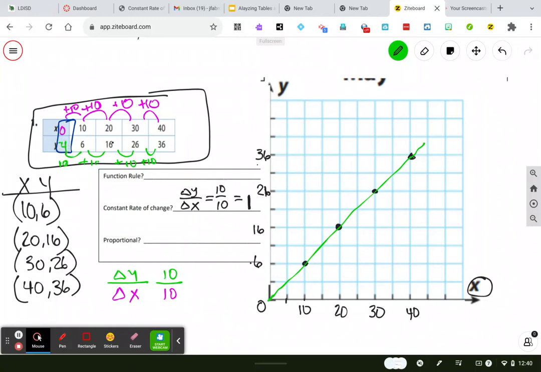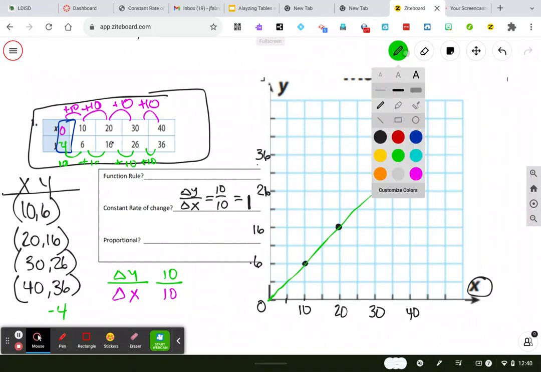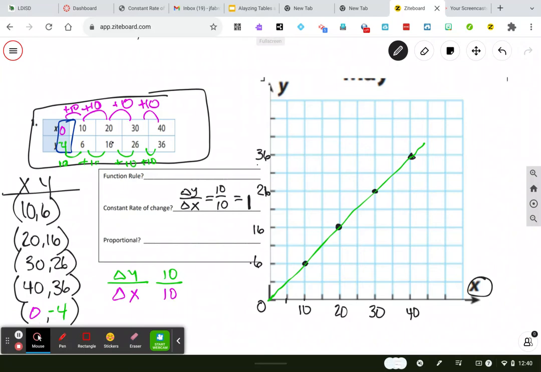So if I were to graph this one more point that Mr. Faber gave us, 0, negative 4, if I were to graph that, I would start here and I would go down by 4.